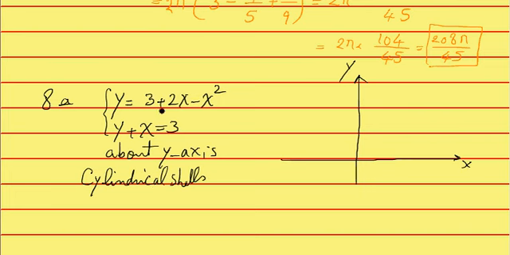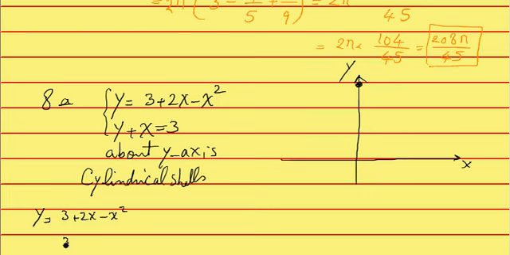Okay, let's get a little bit of bearing about this function itself. What kind of a parabola is it? So let me just quickly draw it. 3 plus 2x minus x squared. So the y-intercept is 3.